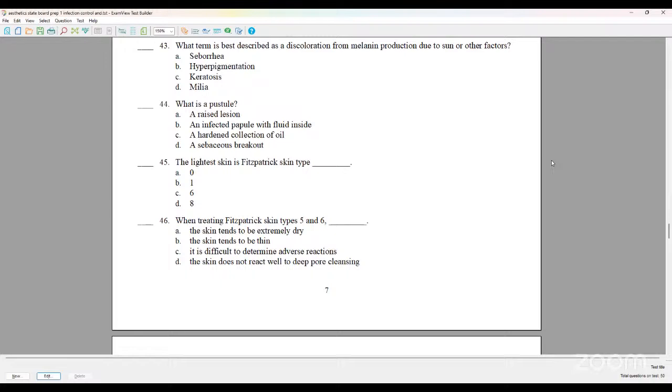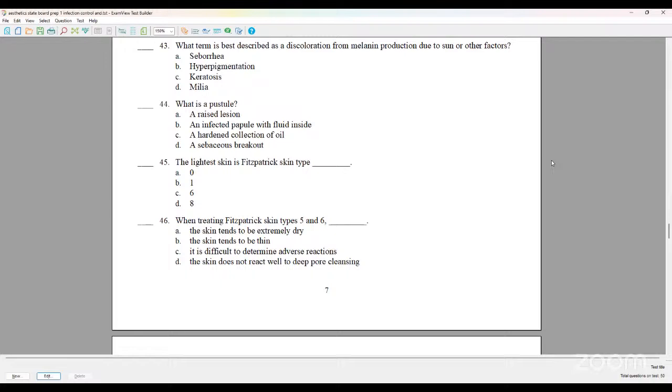And here's the thing, it falls into treating skin of color, so it may fall into what Milady says about colored skin. It's difficult to determine adverse reactions. What they're mainly saying is you can never know what their skin may do. It's difficult to determine how something is going to react on the skin, all because it's darker. That's what Milady says.